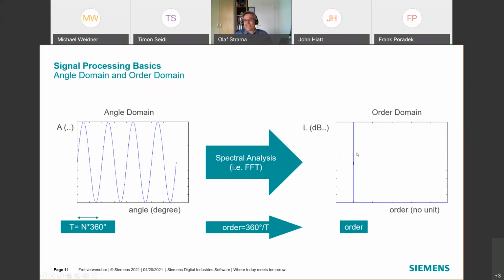And so it's quite easy to understand. If I have 1 vibration period per revolution of the shaft, then I have order 1. If I have 2 periods, that means if this n is 2, then I have order 2, and so on. And this is the way the orders are calculated.